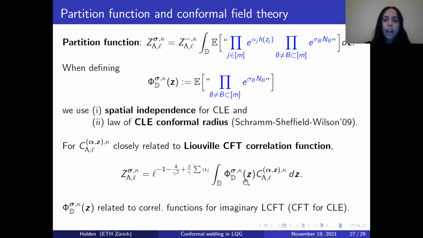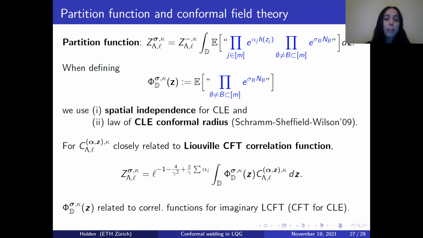This function phi is partly of interest just because it is quite an interesting observable for SLE. It's also of interest because it is related to what we call imaginary LCFT. In LCFT, or Liouville CFT, the parameter gamma of the theory is typically chosen to be real and typically between 0 and 2.